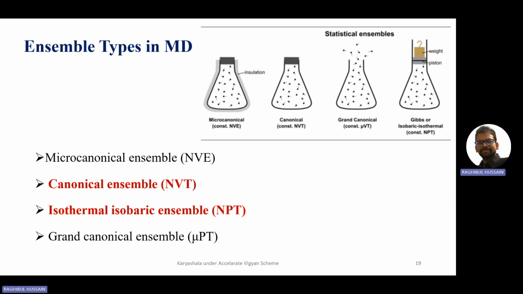Now, for the macroscopic thermodynamics, what we know is that we have four variables, right? What are they for a system? Moles, yes, pressure, temperature, volume, and moles.